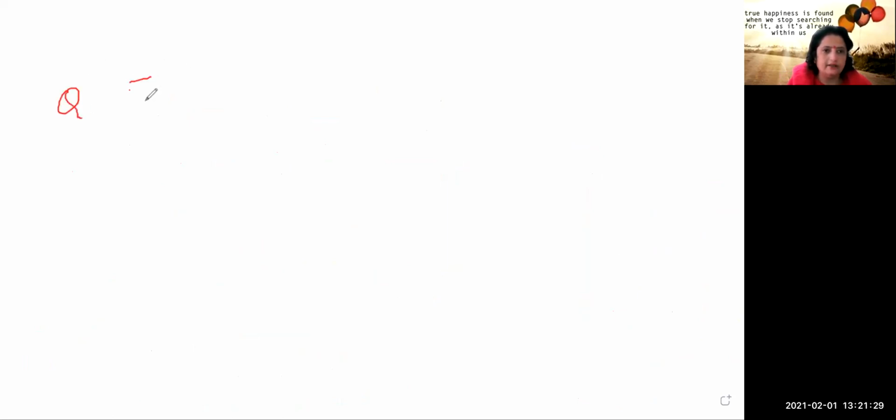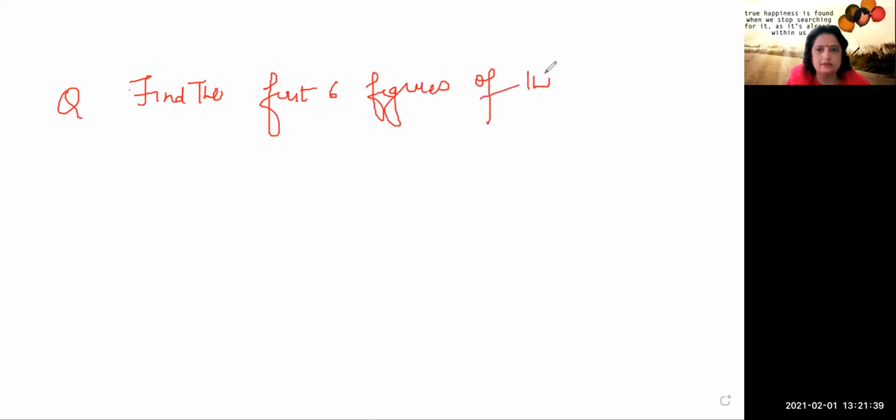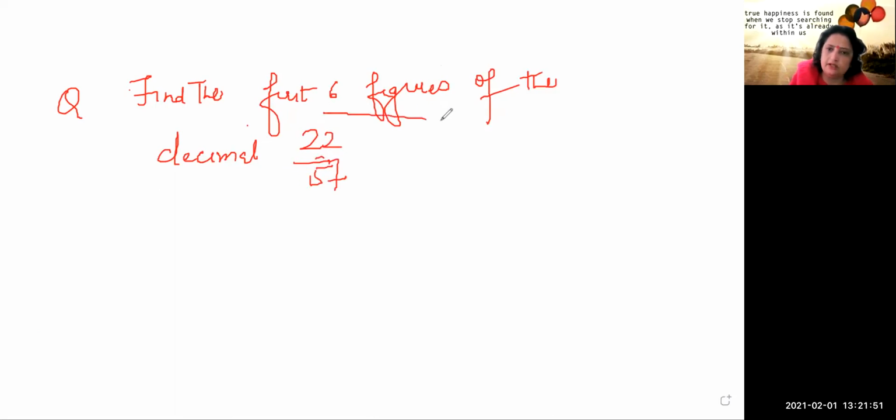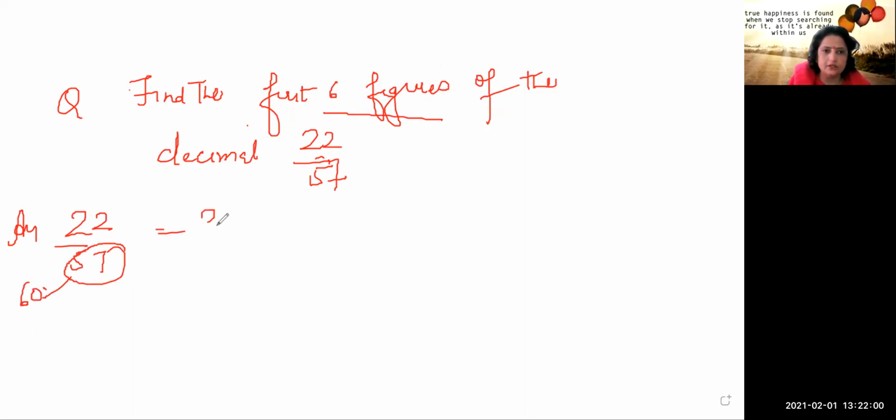Next question is find the first 6 figures of the decimal 22 by 57. देखो दो तरह से क्वेश्चन आया, या तो फुल डेसिमल निकालो, यहाँ पे सिर्फ उन्होंने कितनी फिगर्स निकालने के लिए बोला, ओनली 6 फिगर्स. सो 22/57. सो दिस इज नियरेस्ट टू 60, राइट? 22/57, it is nearest to 60.